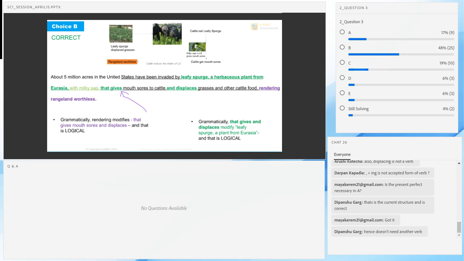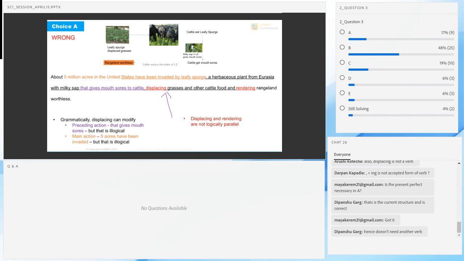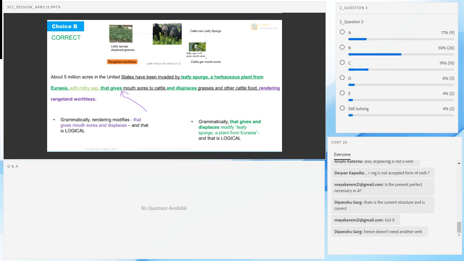So you can't blindly say that because in the original choice, milky sap was mentioned to give mouth sores to cattle, but in choice B it is the plant that gives mouth sores, so it must be wrong. You cannot blindly do that. This means that you're just applying grammar, you're not going deep into the meaning of the sentence.